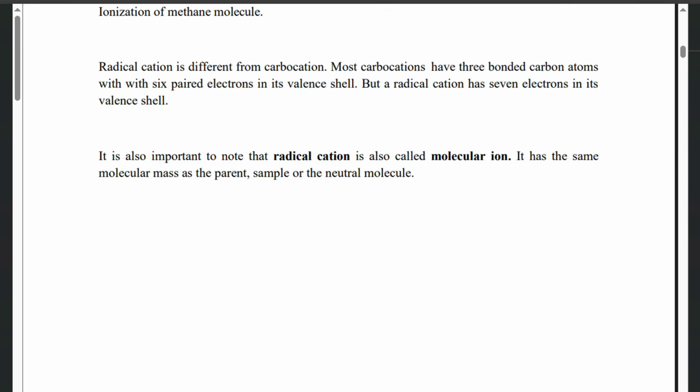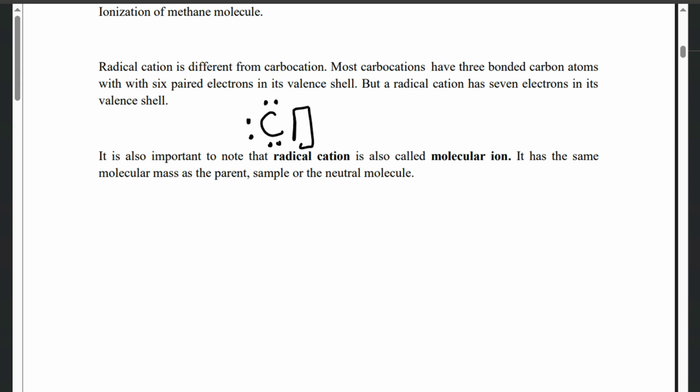A radical cation is different from a carbocation.